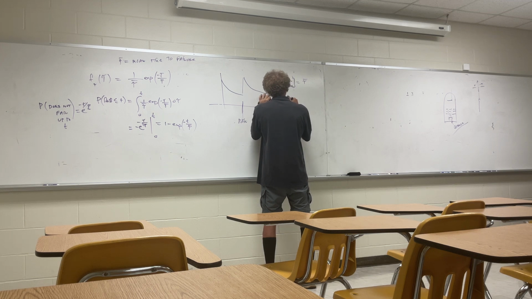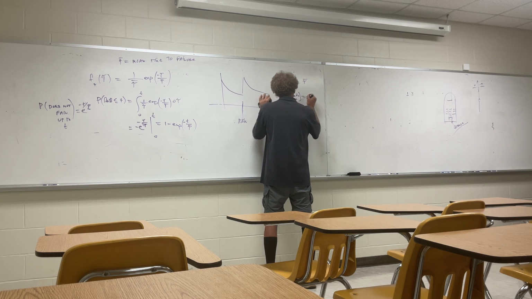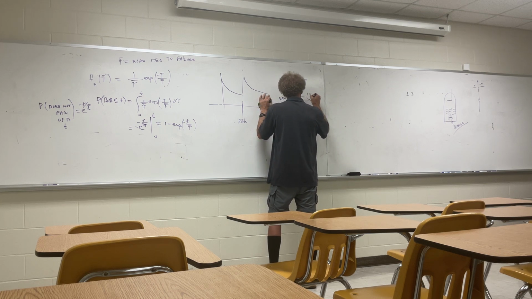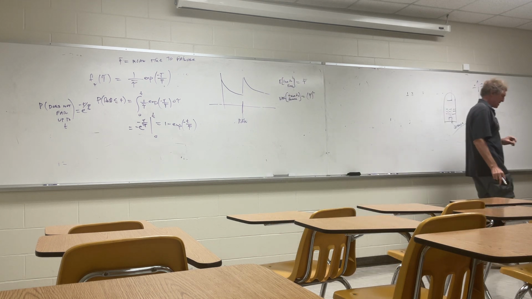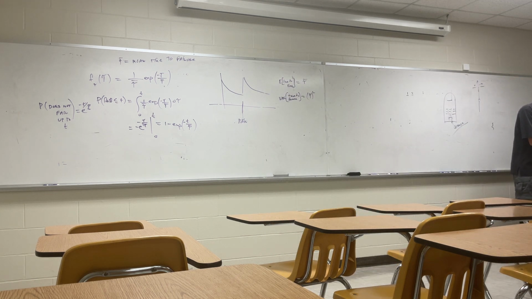The variance of the time to failure is going to be equal to tau bar squared. You can prove that if you want, but it's pretty straightforward, which is interesting, because tau bar and the variance and the mean value are related just by the square of one to the other, or the square root.